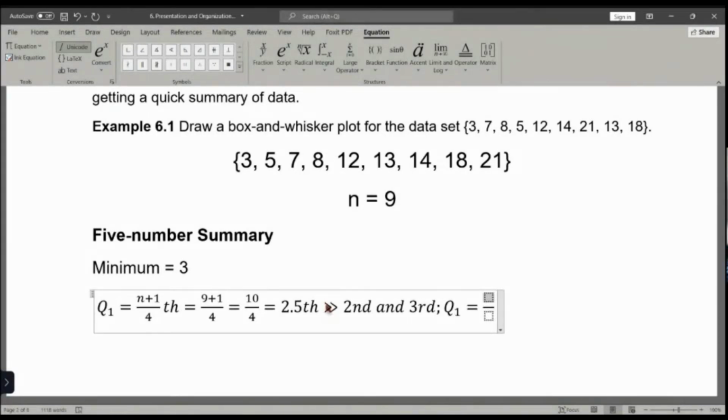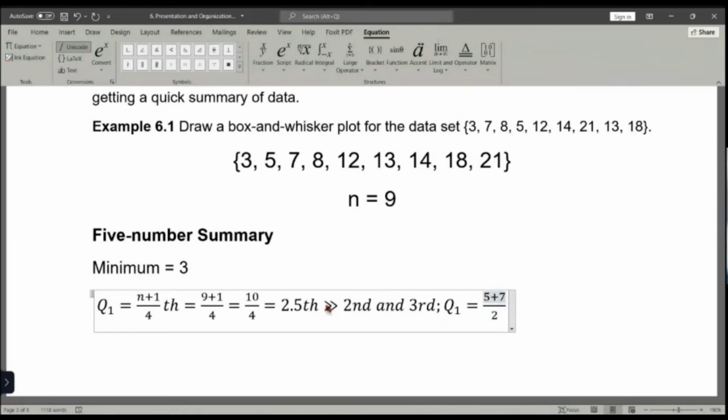What is the second item? 5, sir. The third item? 7. And to find the midpoint, you need to add the two values divided by 2. Or another way of saying that is you must get the average between the second and the third item.